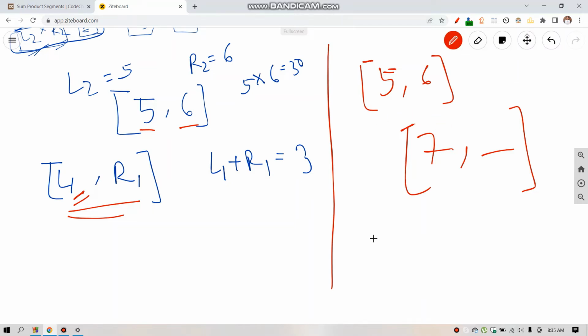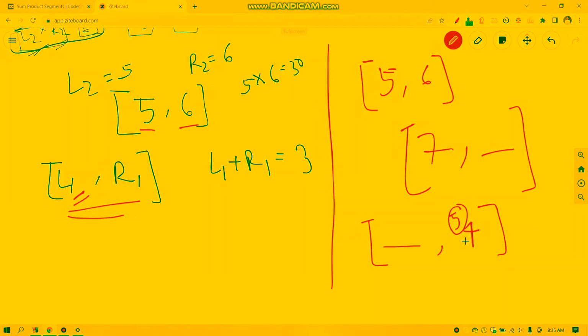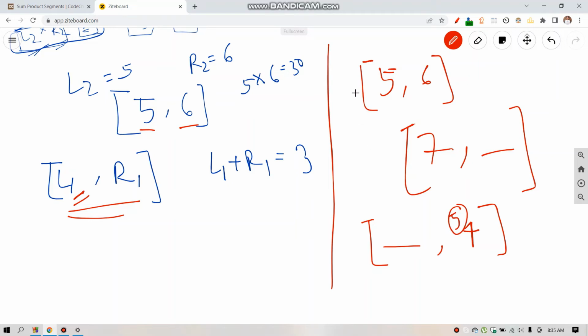Another possible segment can end at 4, right? Same as before, we can't take 5 here. If we take 5 here, it will intersect with this segment. So we have two options.